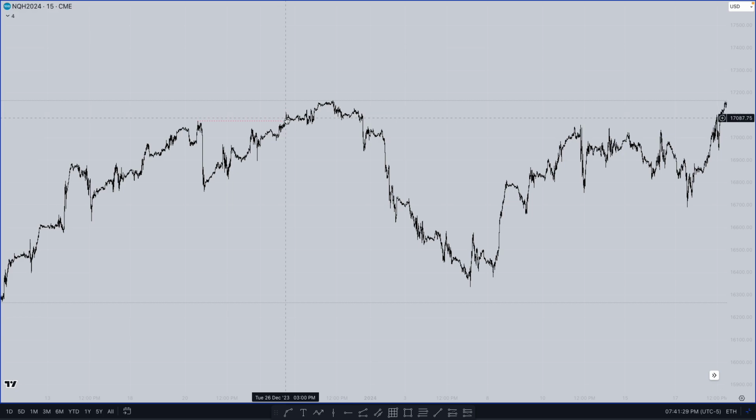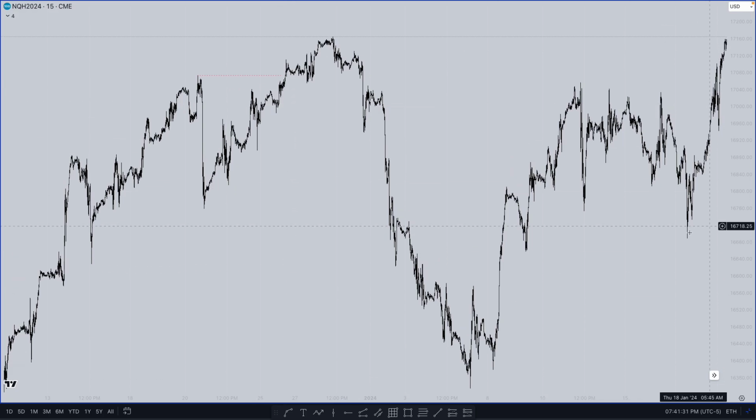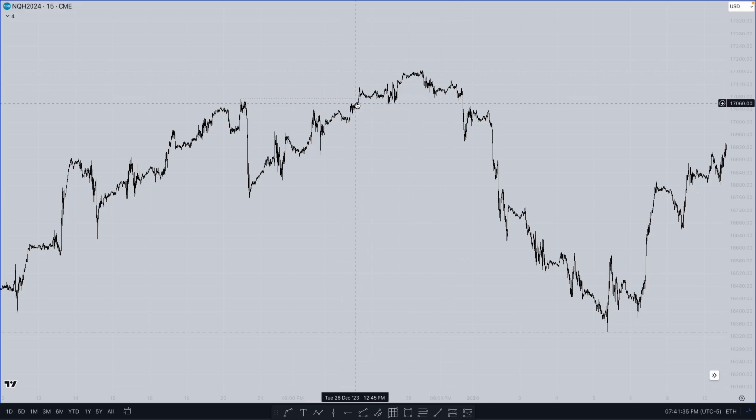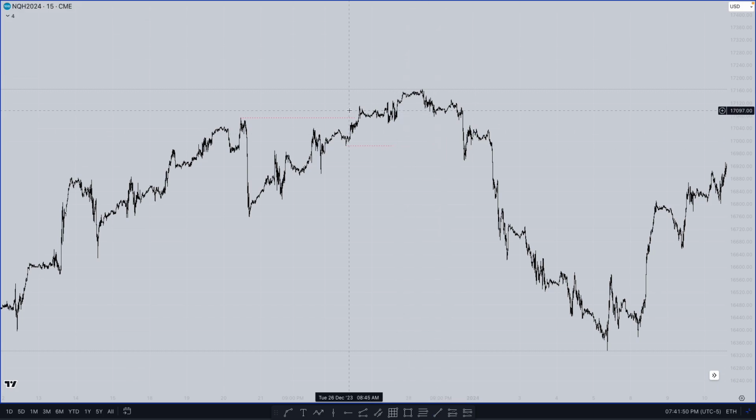Then you break that high, and now this low is your protected low. This high gets taken.